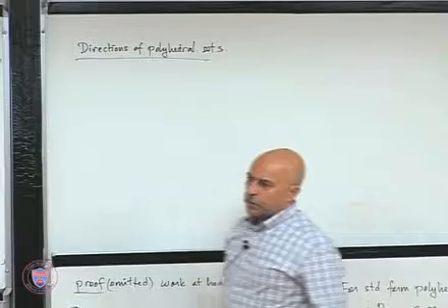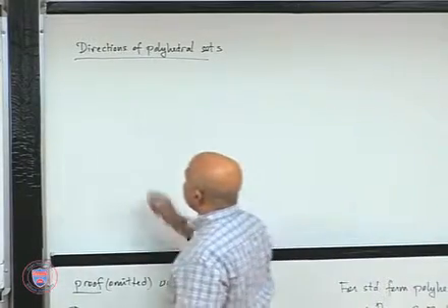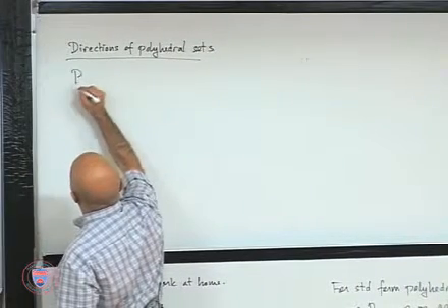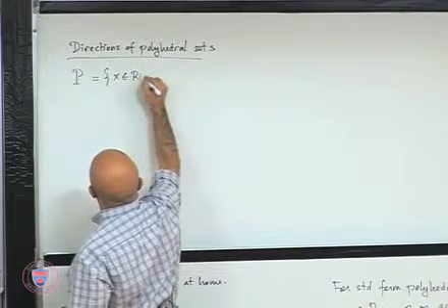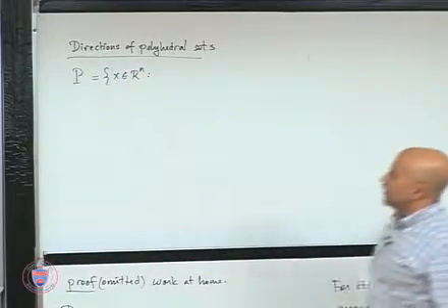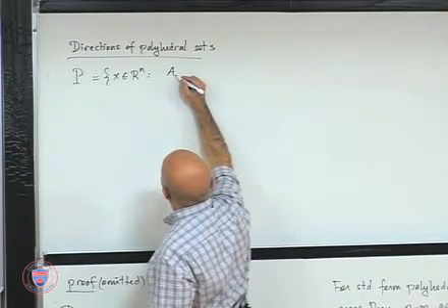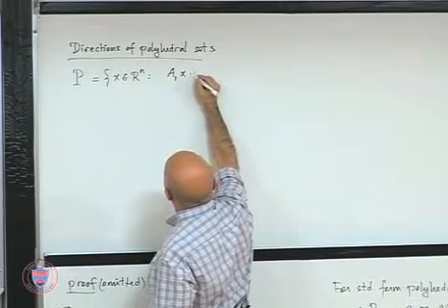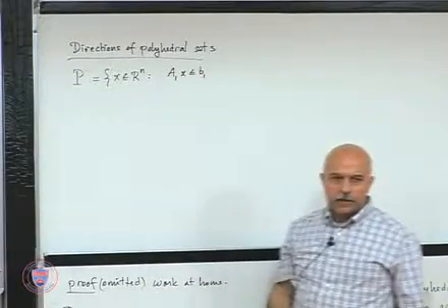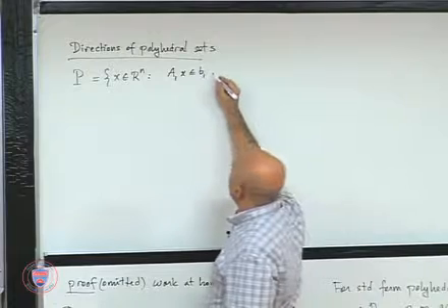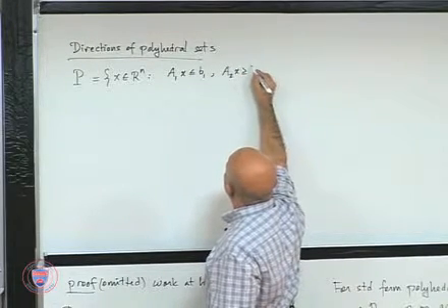So let's look at the special case of polyhedral sets. Suppose you have a polyhedral set defined by the set of points, say, x in Rn, where you've got a matrix A1 times x less than or equal to a vector B1, and then another matrix A2 times x greater than or equal to B2.